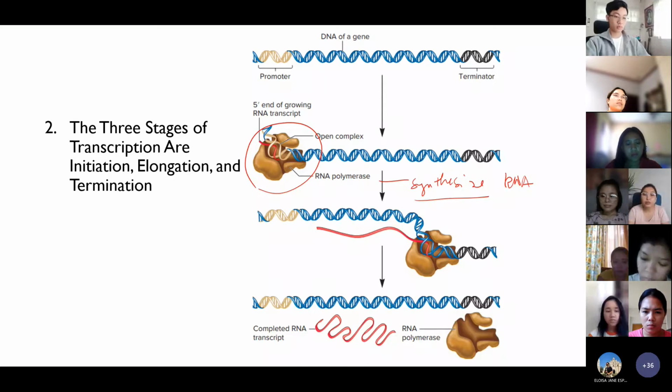And what would cause the transcription to begin? Of course, we go to the initiation phase. The initiation stage is also called the recognition step.